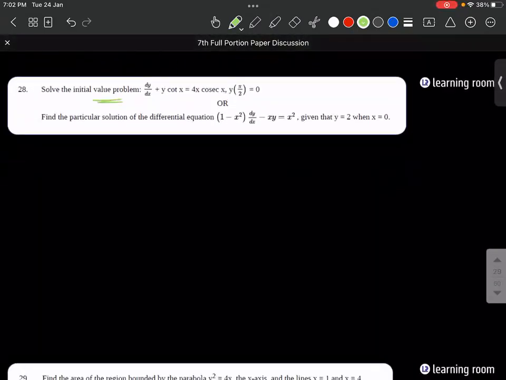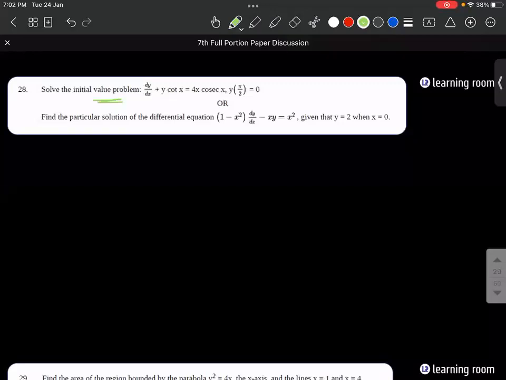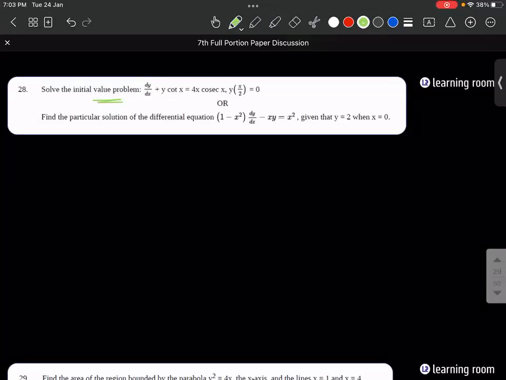Solve the initial value problem: dy by dx plus y cot x is equal to 4x cosecant x. Again, it's a problem based on linear differential equation. What is going to be the integrating factor? E power integral of p dx, so integral of cot x dx.